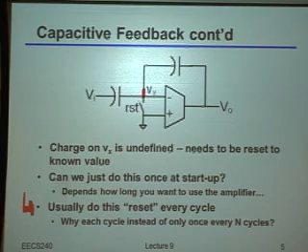I drew this thing as kind of an ideal switch here. But most switches, when you either turn them on or turn them off, push some charge in and out of the output. Okay?